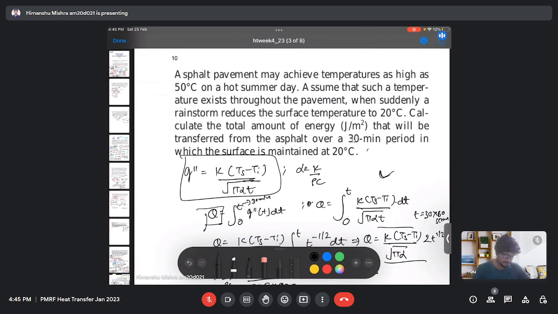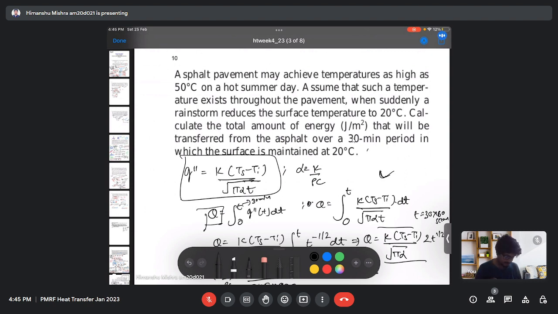Here t is the instantaneous time, which means at time t, what is my instantaneous heat transfer? But if you want to find the total heat transfer from the beginning to the end time period, you need to integrate it over the time.